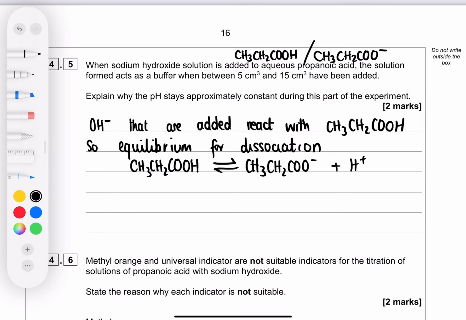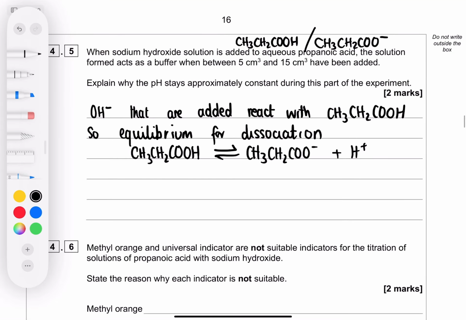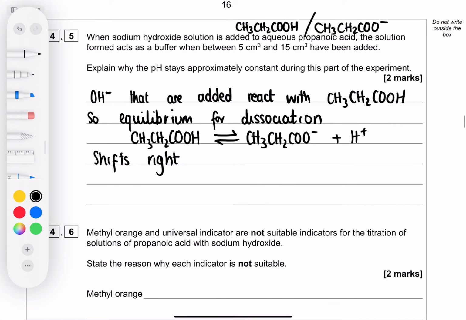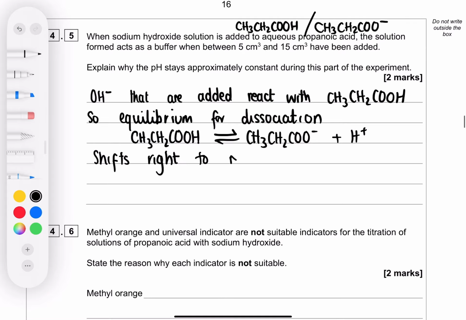So you could say it reacts with propanoic acid, or you could say it reacts with the H+. Equilibrium for dissociation shifts right to replace the H+.